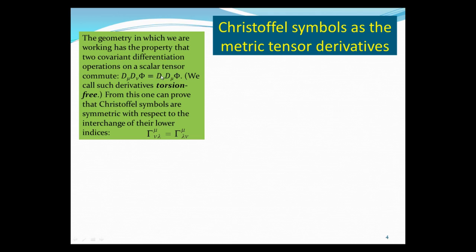This means these two derivative operations are commutative. Formally, it's an exercise to show that the Christoffel symbol must be symmetric with respect to the interchange of the lower indices: gamma mu nu lambda equals gamma mu lambda nu. You interchange the lower indices, you get back yourself. This is very easy; you can show this condition follows.